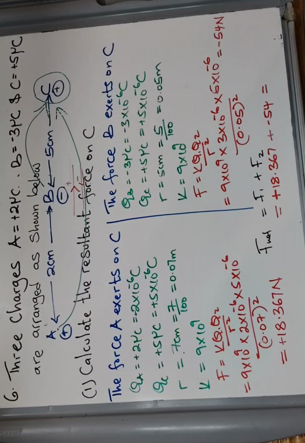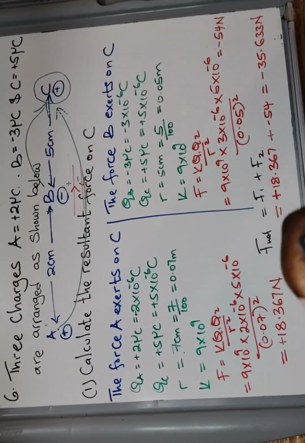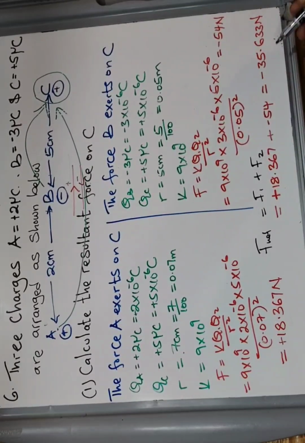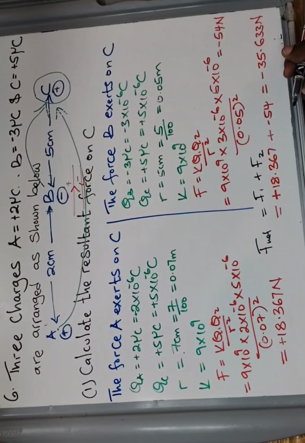What you get out of here is going to be our net force. So that's it. That's what we get. It's negative 35.633 newtons. And what does negative imply?